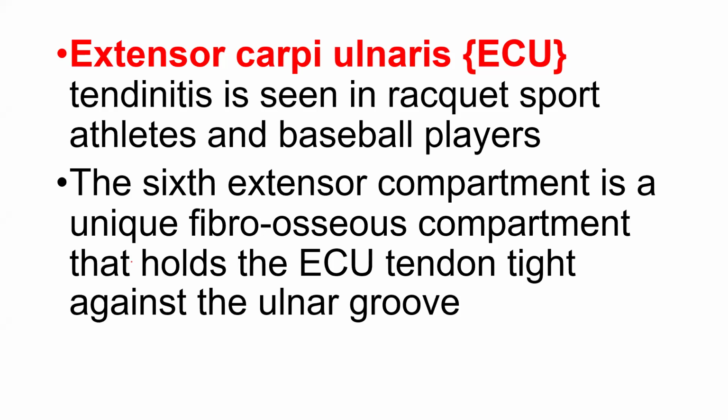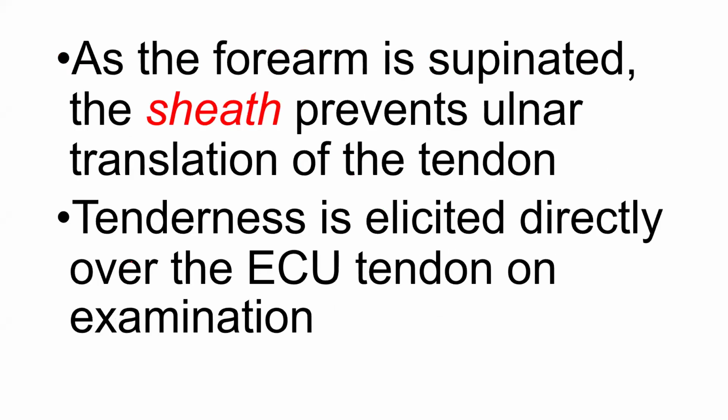The sixth extensor compartment is a unique fibroosseous compartment that holds the extensor carpi ulnaris tendon tight against the ulnar groove. As the forearm is supinated, the sheath prevents the ulnar translation of the tendon.